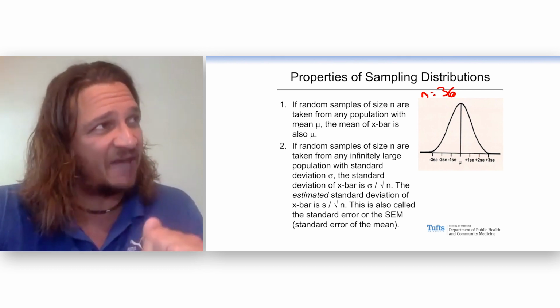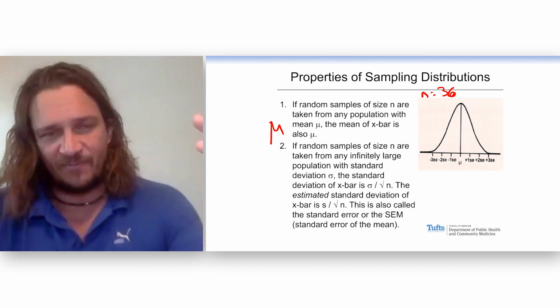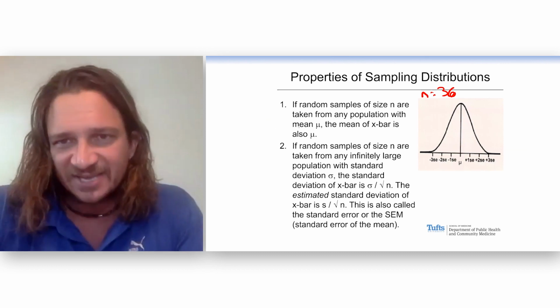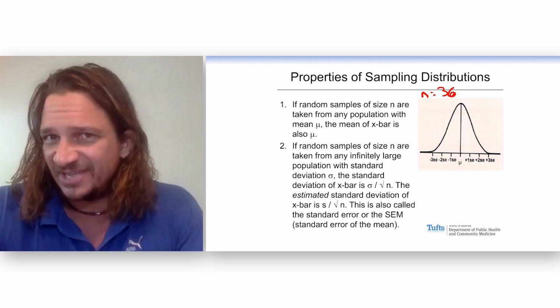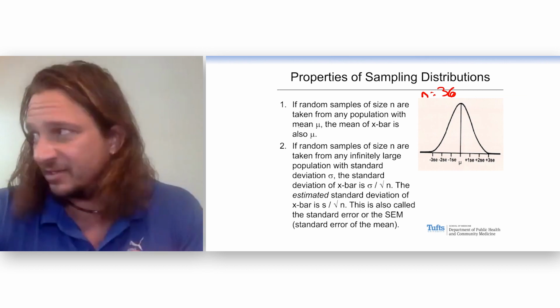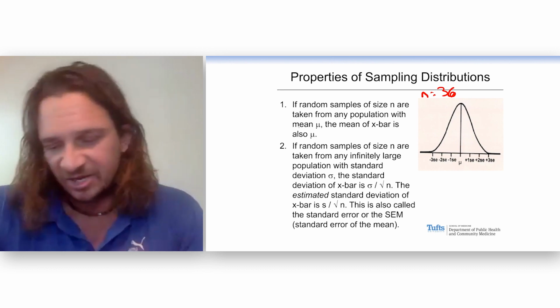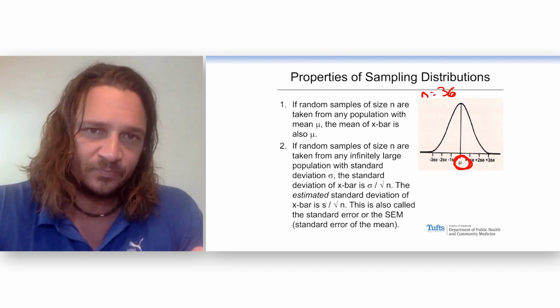If I knew the true average light bulb, the mu, was 1,000 hours, what would I expect to get for my mean? Well, you'd expect to get something around 1,000. Otherwise, you'd be saying, I'm taking a biased sample. I'm only picking the good light bulbs or the short or the long light bulbs. It's impossible. So you would expect to get something around mu.